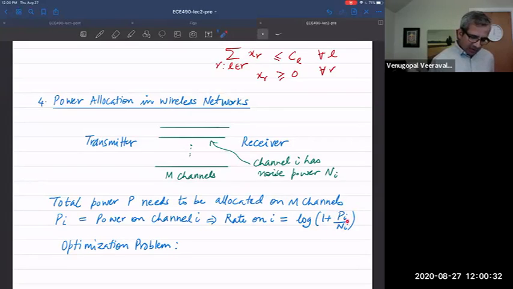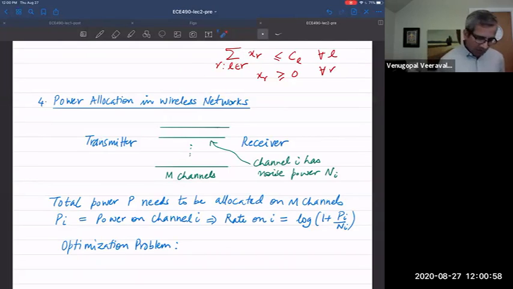And the signal to noise ratio is the power that I use to transmit on that channel, the signal power essentially, over Ni, the noise power, right? So 1 plus the signal to noise ratio is the rate at which I can transmit on the channel. So what I want to do is allocate power across different channels so that I maximize my overall rate.